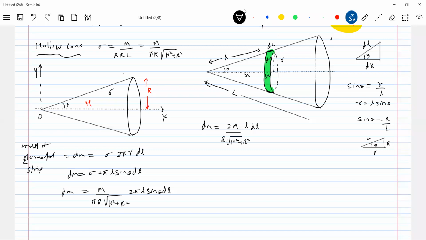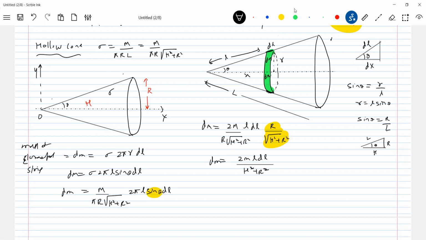Root of h square plus r square. So directly, let me write r by root of h square plus r square; that is the sine theta I replaced. Now this should be equal to 2m L dl. r gets cancelled, so this will be h square plus r square. Keep it here.